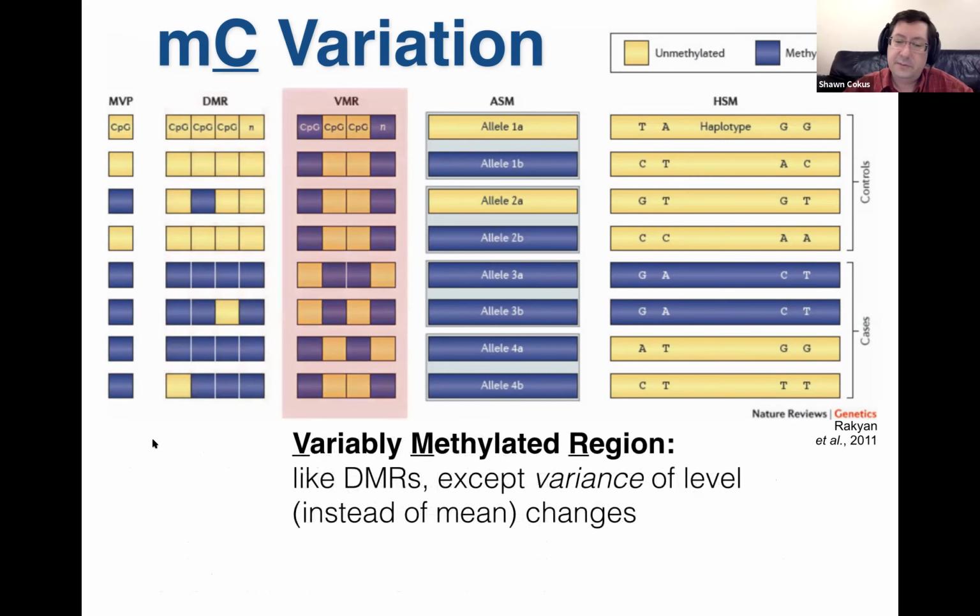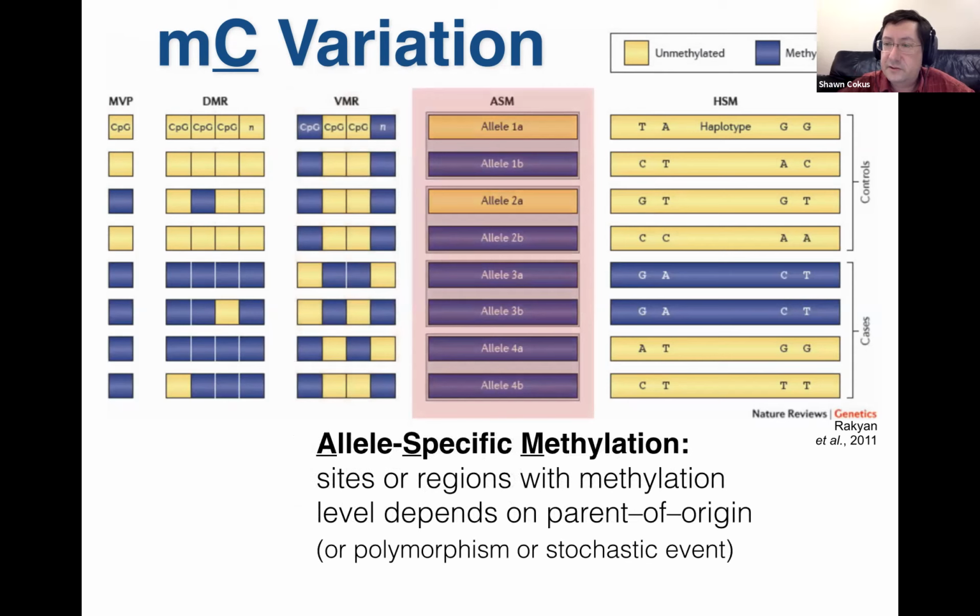Then there's variably methylated regions, which are like DMRs, but it's not the mean level that changes in the region, it's the variability of the region. It's more like the variance. You're not testing the mean to change, you're testing the variance or standard deviation to change. There's allele-specific methylation, where since we're diploid organisms, there are cases where the methylation state depends on the parent of origin.